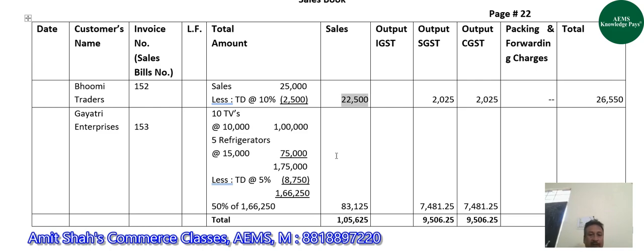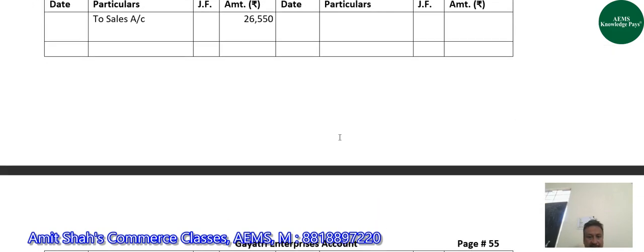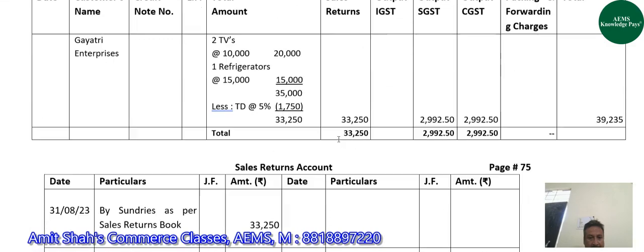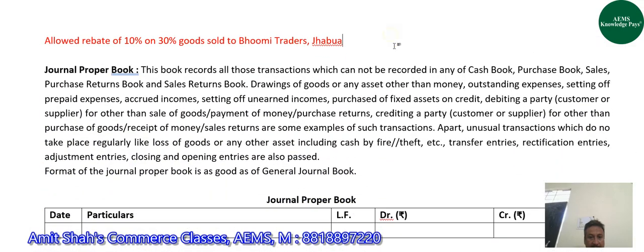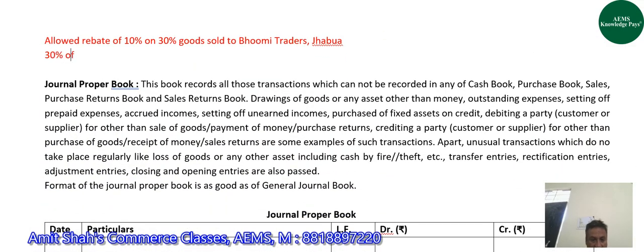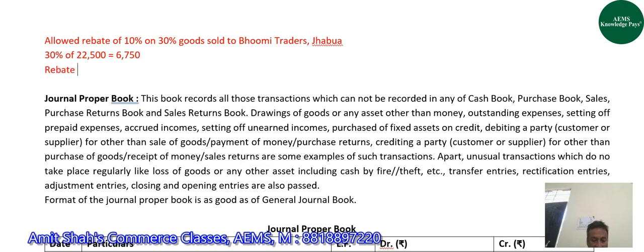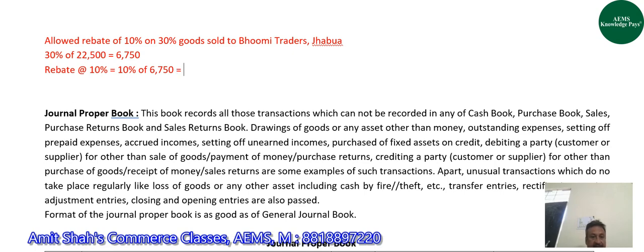So first we have to calculate 30% of this. So 30% of 22,500 is how much? 6,750, right? Rebate at the rate of 10%. That is 10% of 6,750 means 675.